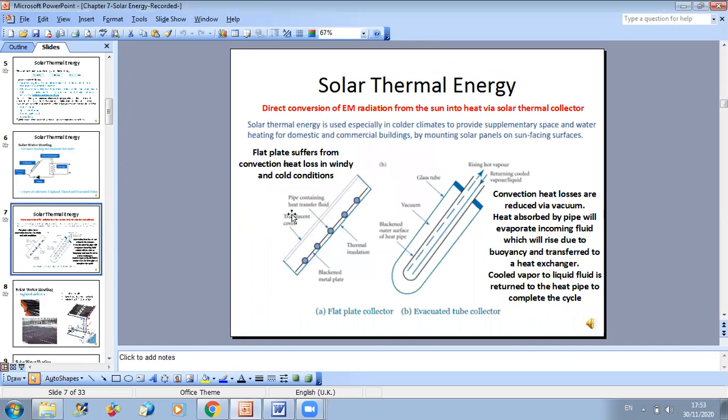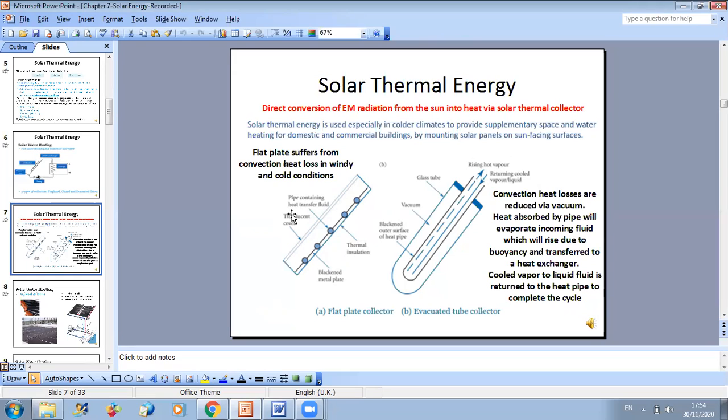Okay. Now we have several types of solar collectors, and we will discuss several configurations and see the application of each one. So for a solar thermal system, we will have direct conversion of the electromagnetic radiation from the sun into heat through a solar thermal collector.